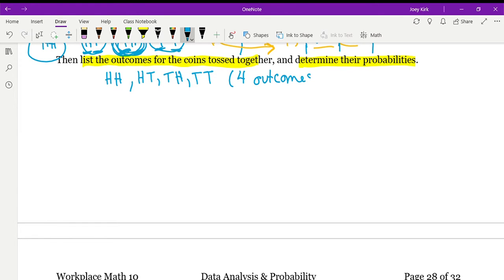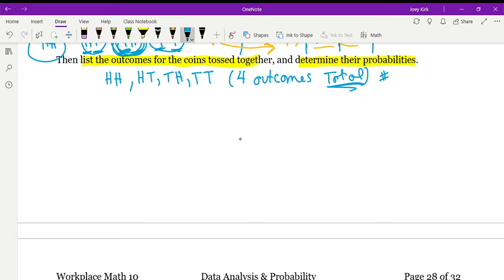4 outcomes total. And that's important because we know that our probability formula says that we're looking for the number of possible outcomes that we want over the total outcomes, okay?